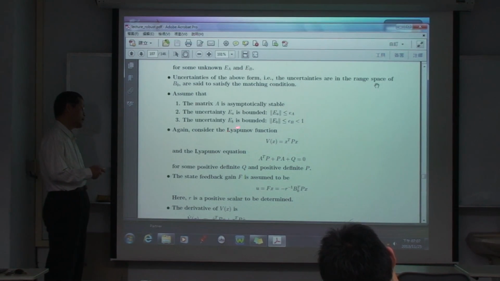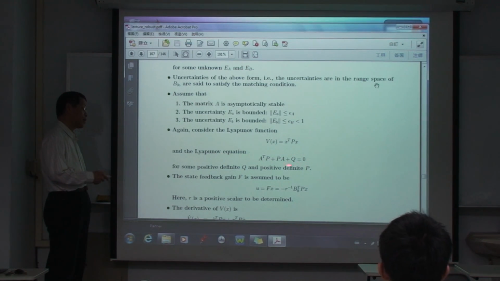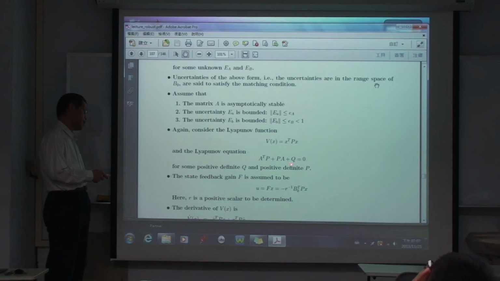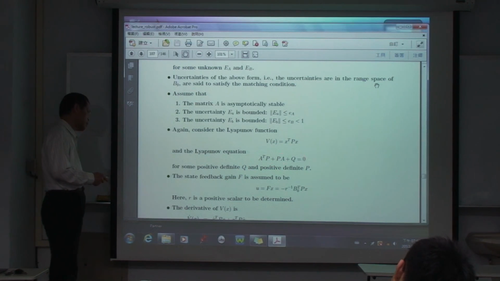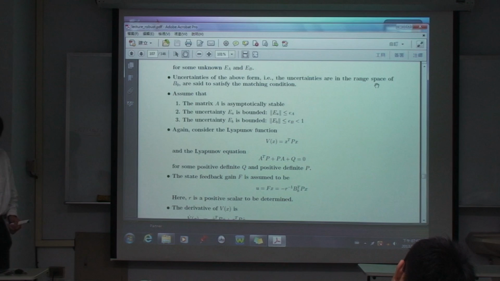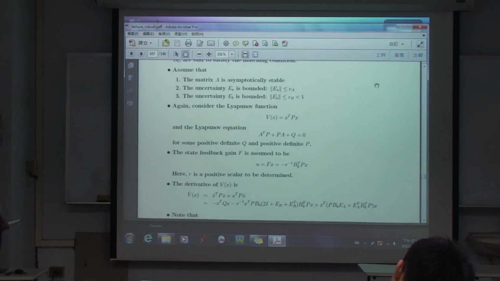Now if I consider the Lyapunov function, this again is a quadratic Lyapunov function, x transpose P x, then definitely we know the system is stable as long as this particular Lyapunov equation is satisfied for certain positive definite Q. Okay, so if this equation is satisfied, then this can be the Lyapunov candidate. So we'll start with this equation and then we'll see how we can proceed.